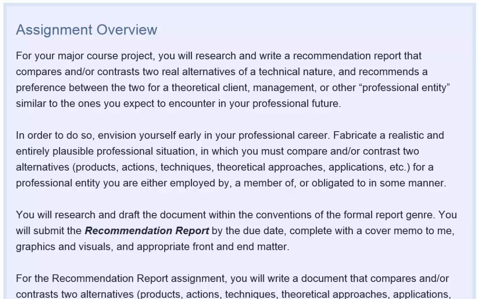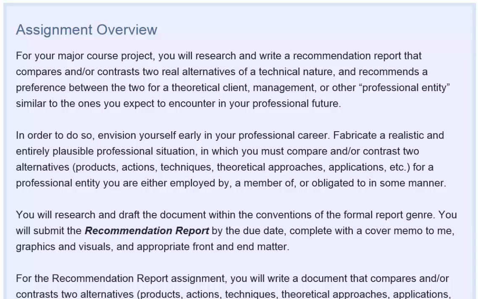The basic idea of this assignment is that you are going to be comparing two alternatives and recommending one over the other. But in order to do that, you must first invent a scenario that you will be responding to and recommending one possible option over another.